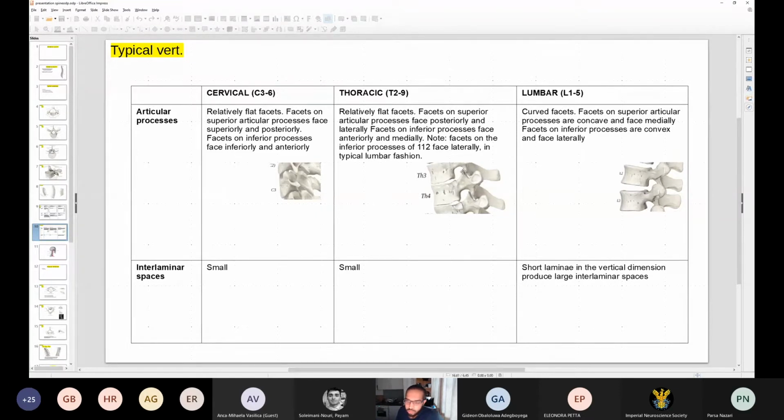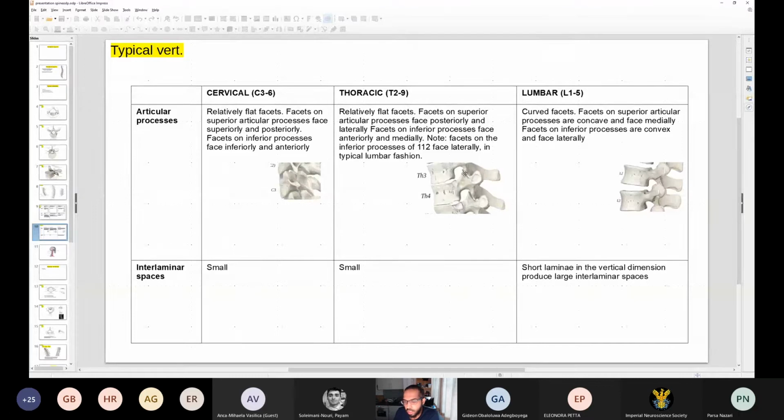So just by understanding and visualizing this image, you can understand that this superior articular facet is facing posteriorly and a bit laterally. Someone may say, well, this looks like it's a bit pointing superiorly. Yes, but that's a very small rotation.